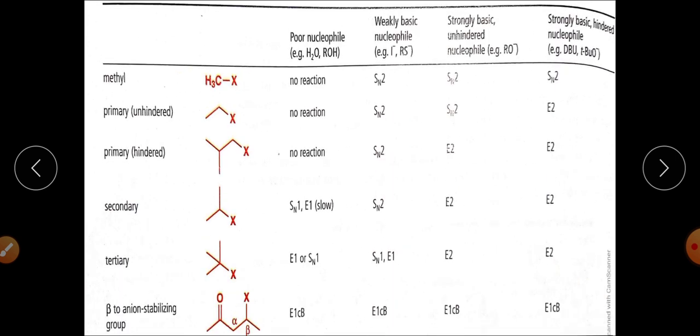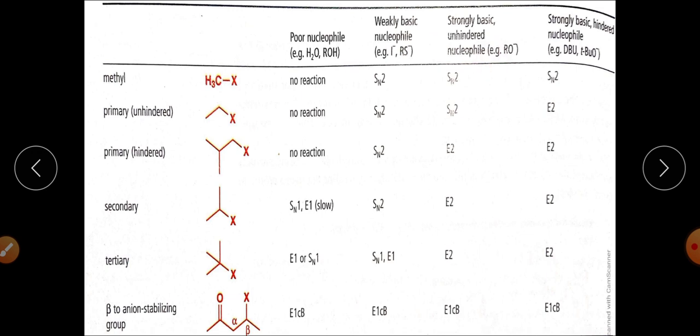Now these are the different kind of the nucleophiles, different kind of the base you have taken for the reaction. In that condition you can predict what will be the mechanism for this particular reaction. For example, you are having poor nucleophiles like H2O, like alcohol. You are having weakly basic nucleophiles, for example RS negative, I negative.